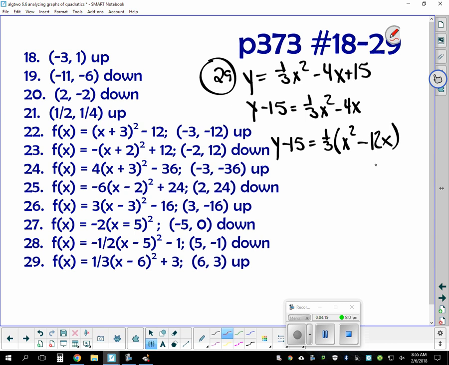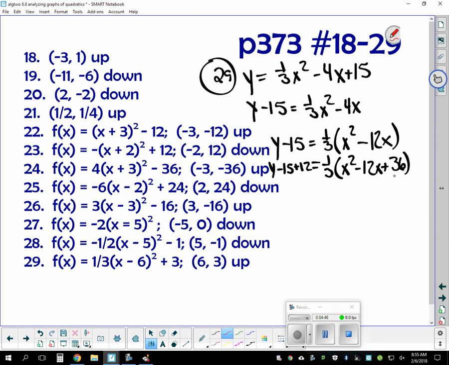Okay. Add half of -12, or -12 divided by 2, and then square it. Okay. So plus 36. But what am I going to have to add on the other side? 36 times 1/3, which is 12.